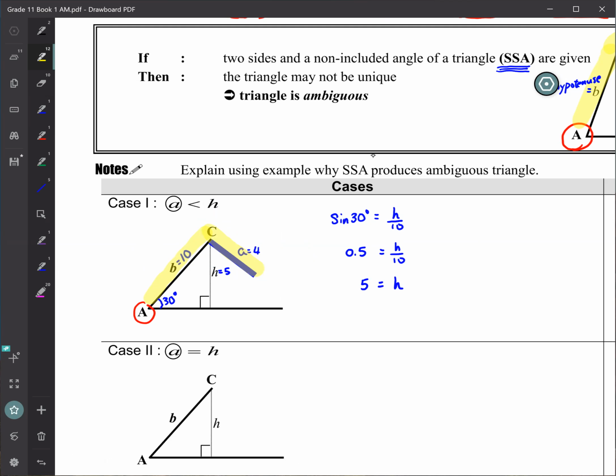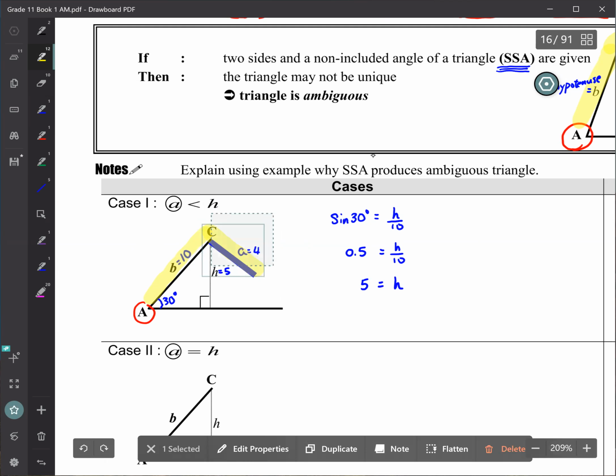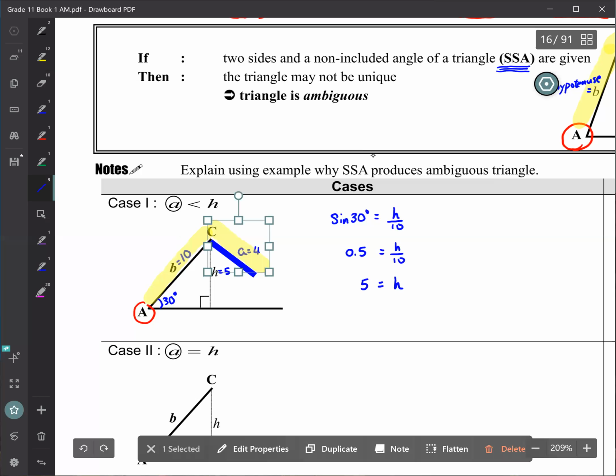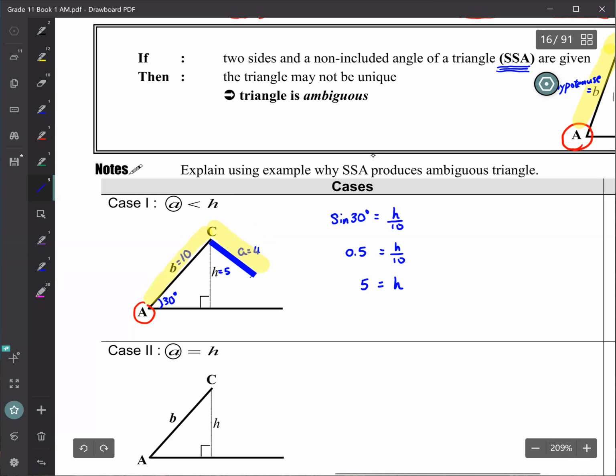There's no way it's going to touch the bottom part. Let me shift the highlight. So the opposite side there, it cannot touch the ground.